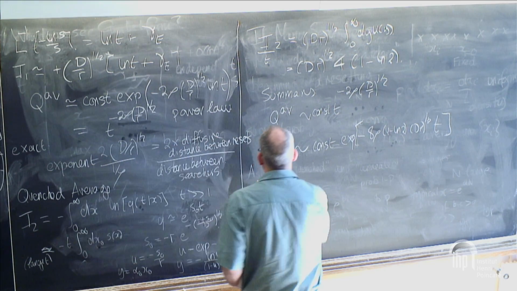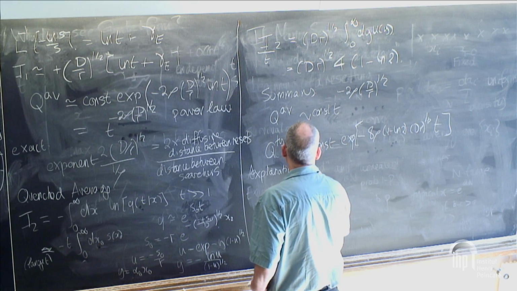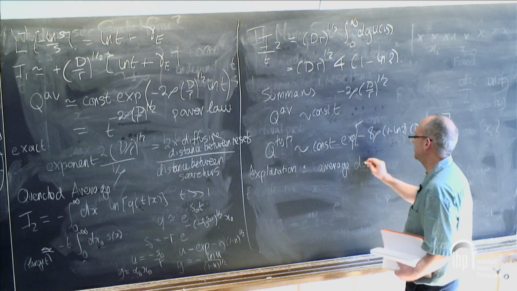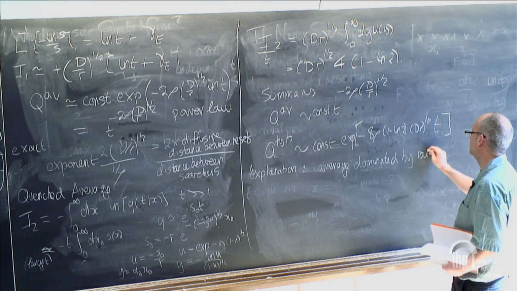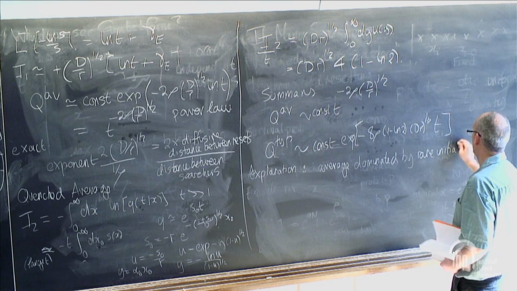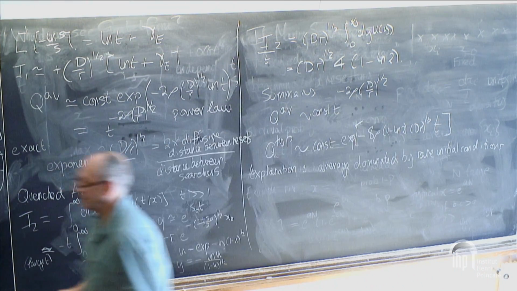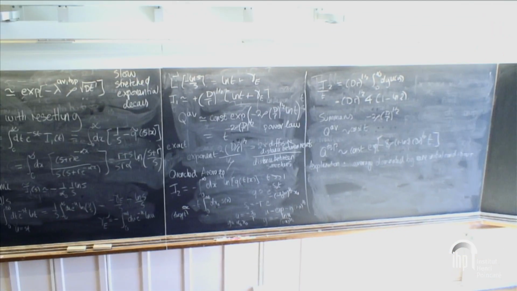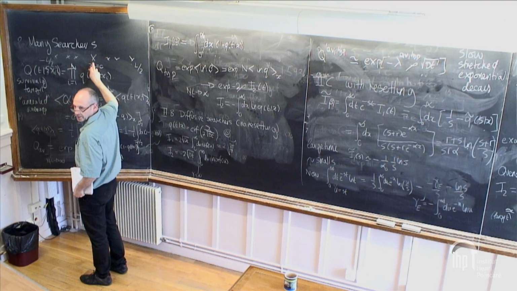And here, basically, the explanation is that the average is dominated by very rare initial conditions where, by chance, remember we've got this picture here, we distributed our searchers on a window, and you could have distributed them all very far away from the target.